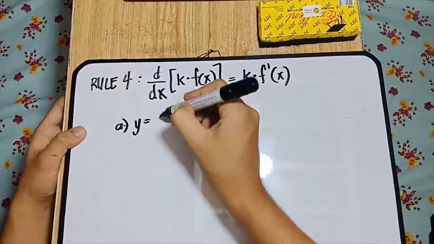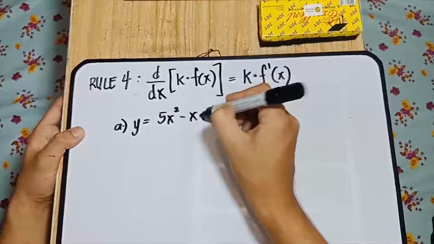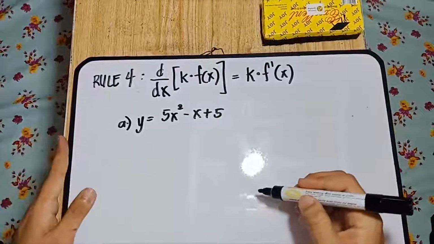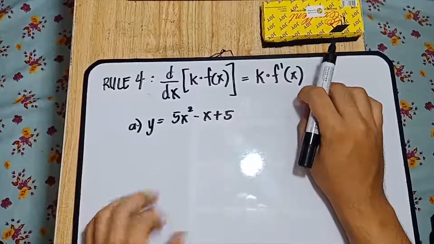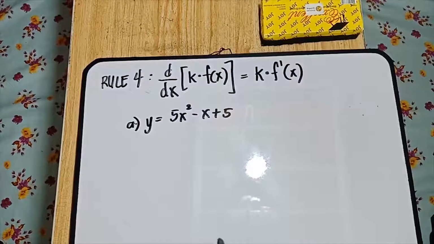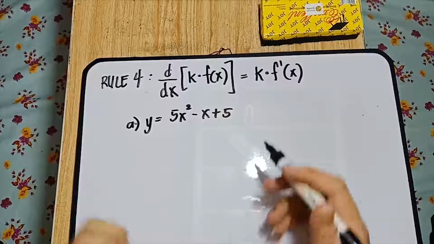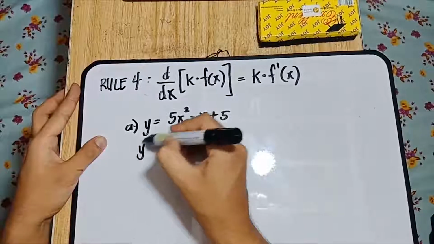y equals 5x squared minus x plus 5. So, apply na nga natin itong rule number 4. At the same time, yung rule number 3 natin, yung power rule. At yung iba pang rules natin. So, derivative ng y is y prime.